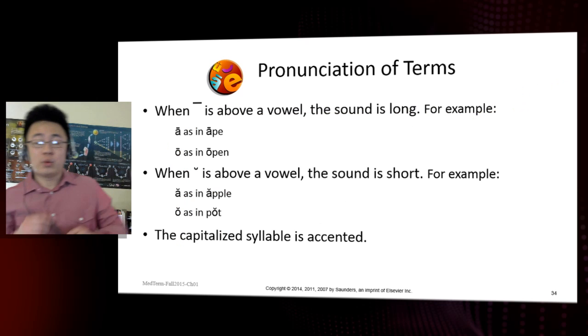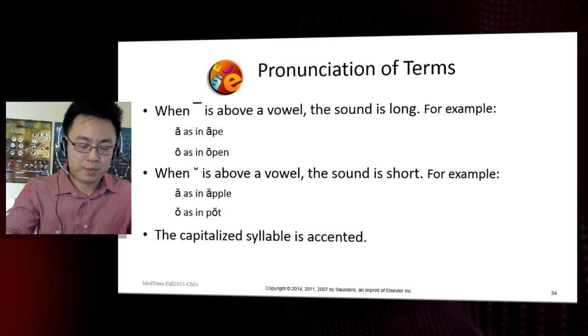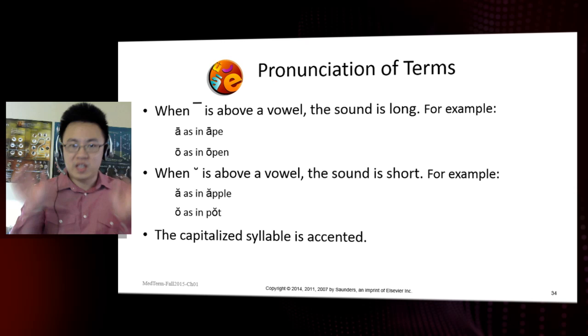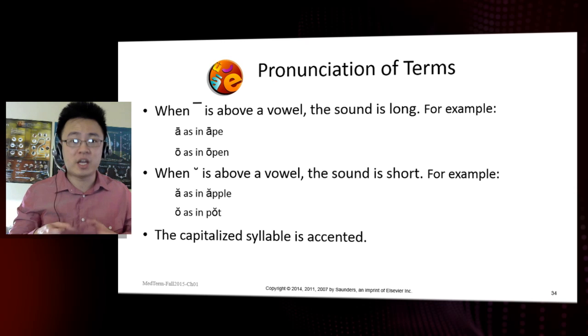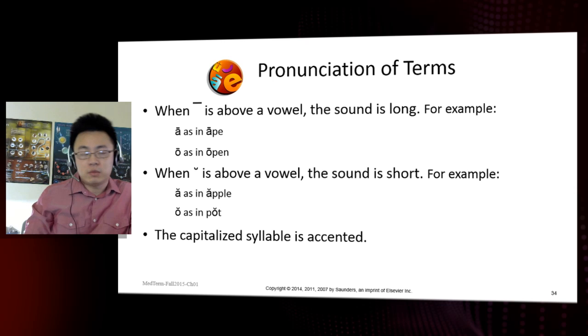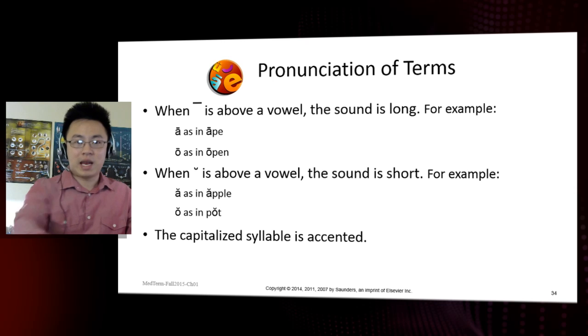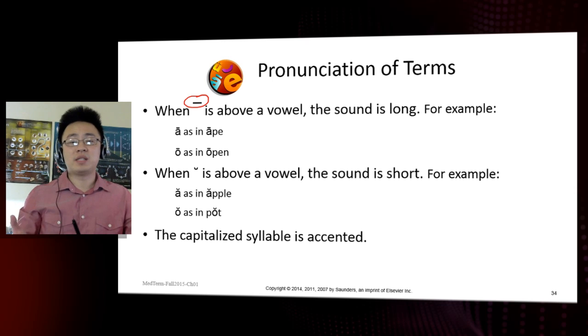Here are some rules you might want to look at whenever you're looking in your glossary or textbook. You might see these little symbols above these words. These help you learn how to pronounce these words in case no one can pronounce them for you, so you can read them yourself. If you see a little line above a vowel, that sound is very long.